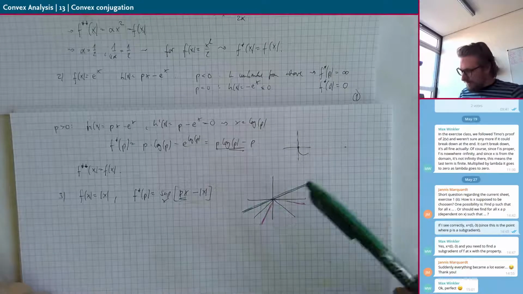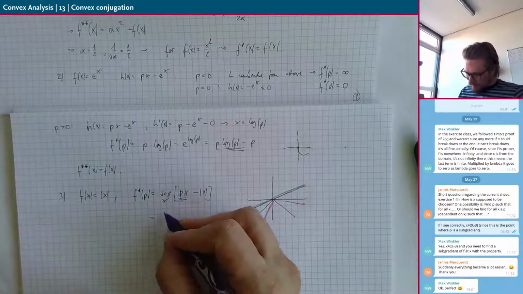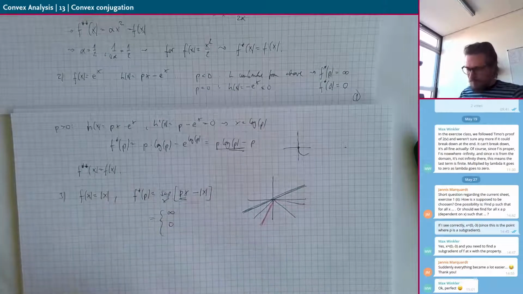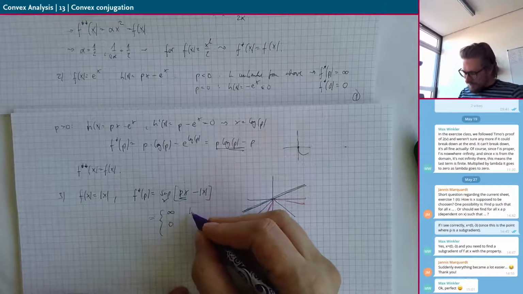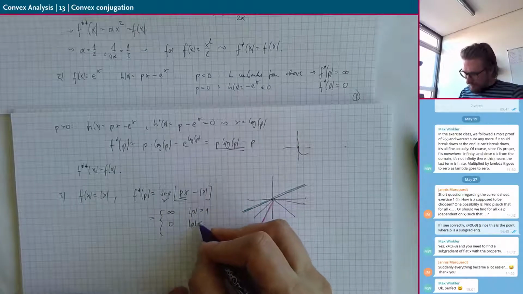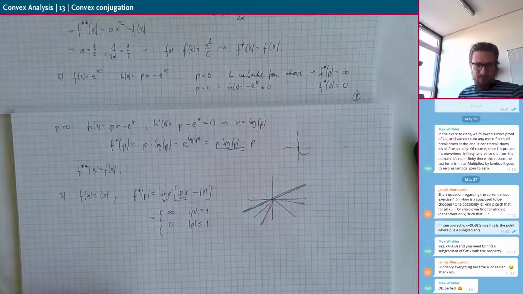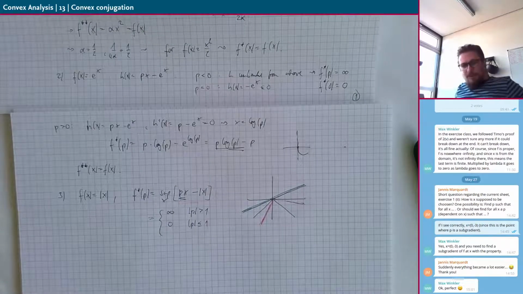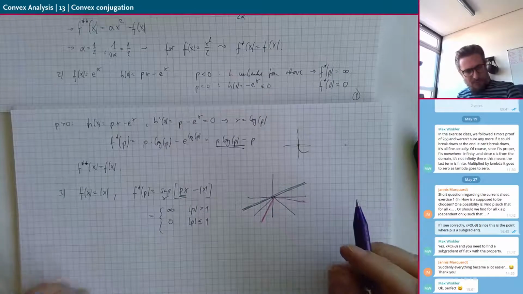So this is the direct inspection that I was talking about, and what we're going to see is we get infinity or 0, nothing else is possible, and we get infinity as soon as the absolute value of p is larger than 1, and we get 0 as long as the absolute value of p is smaller than 1. That might happen, but it's still a convex lower semi-continuous function, and so that's how it is.